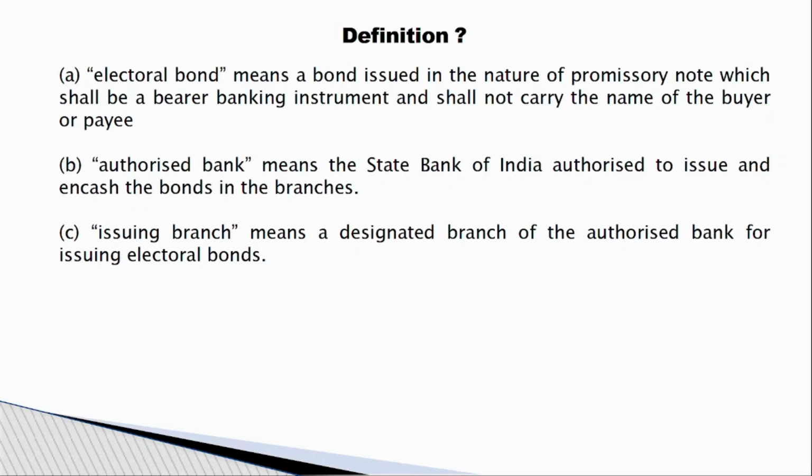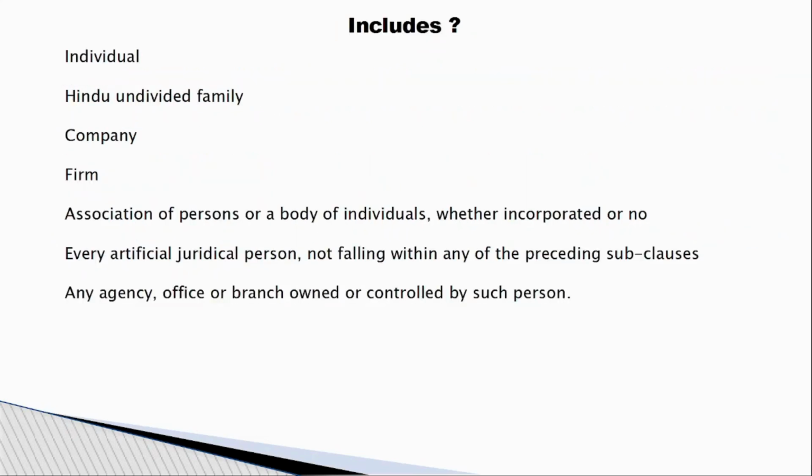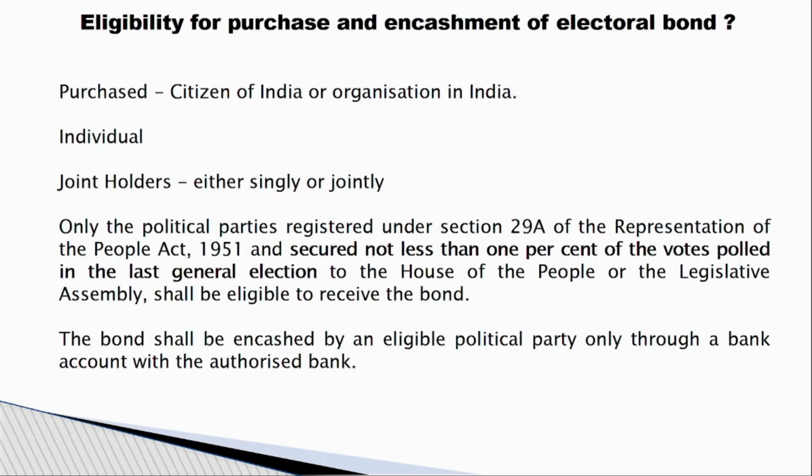The issuing branch is the branch in which these electoral bonds are issued. For example, SBI Banjara Hills, SBI Mount Road. These are the issuing branches. So, who can buy these bonds? Individuals, Hindu undivided family, company, firms, all these people can buy these electoral bonds.